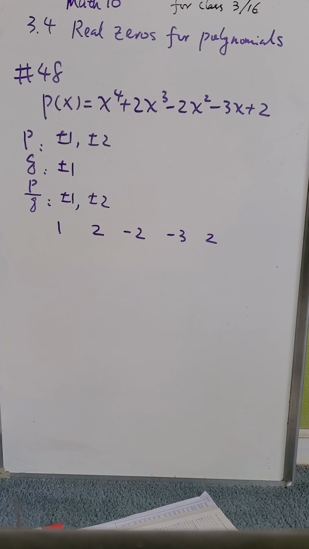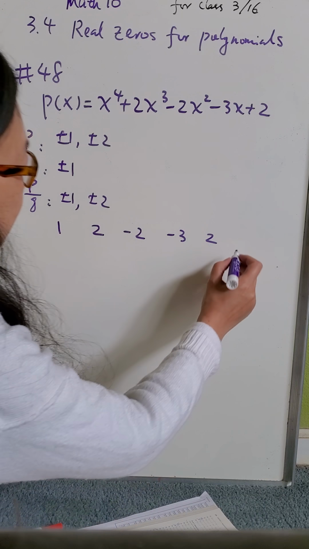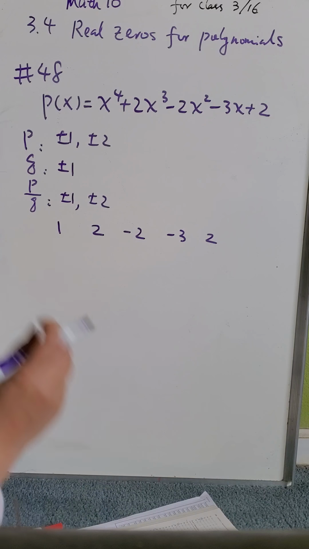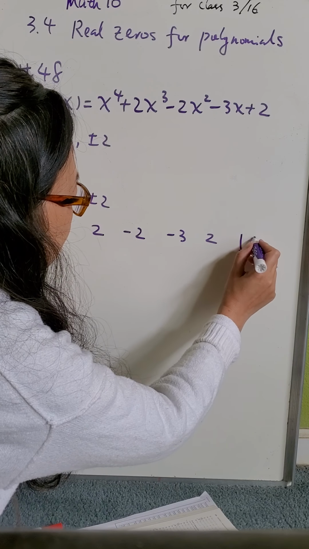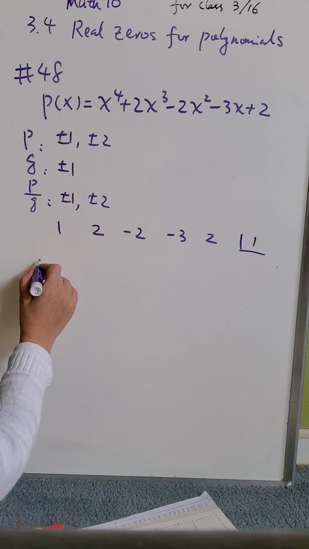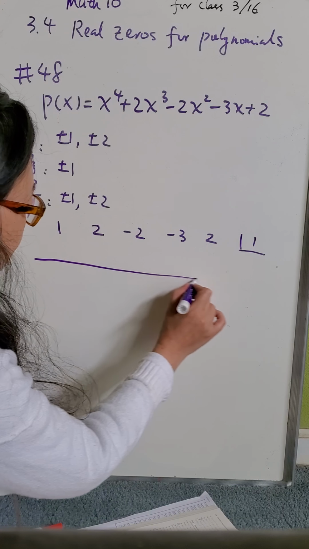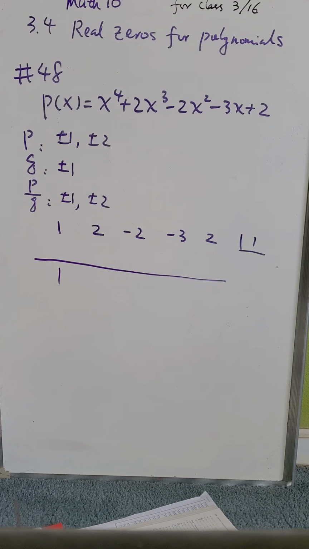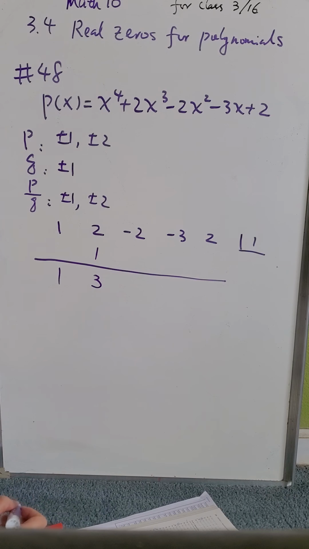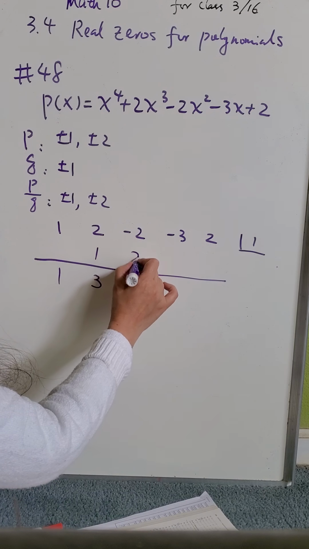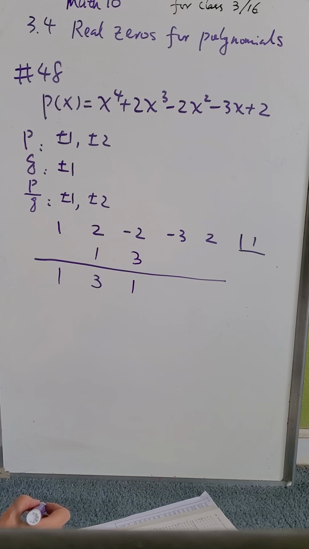Let's see. So this one I haven't done ahead of time, so I'm going to try it here. Let's try 1 first, okay? 1 times 1 equal 1, so that's a 3 here. And then this is times by 3, so that's a 1.